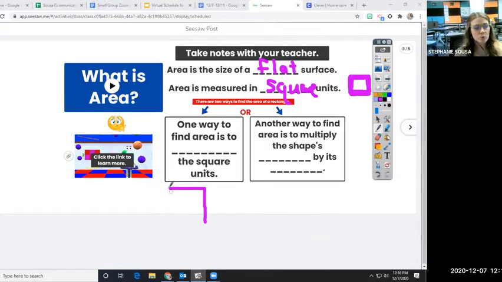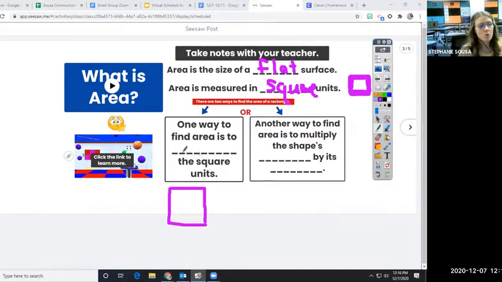And we call it square units because if you're going to figure out how much space something takes up, you've got to look on the long side and on the wide side to figure out that this much space is covered by that object. So with squares, we have a measurement going side to side and going up and down.